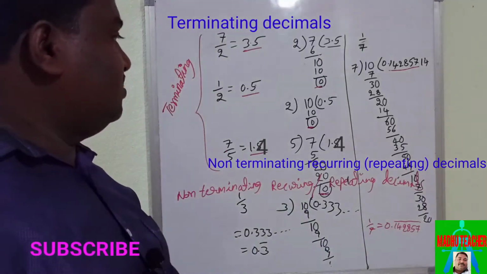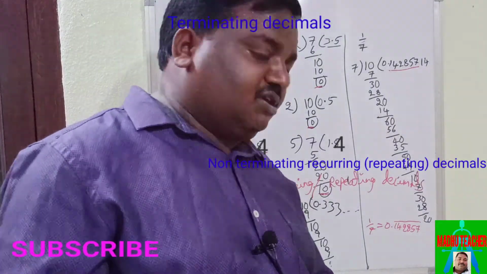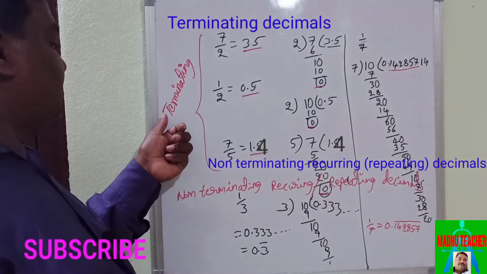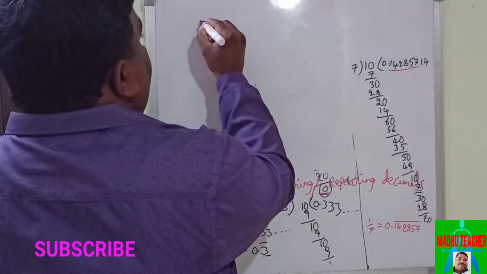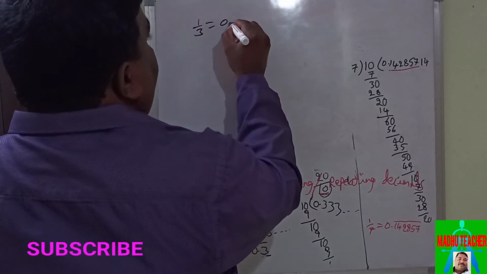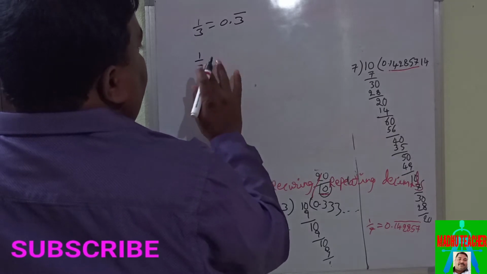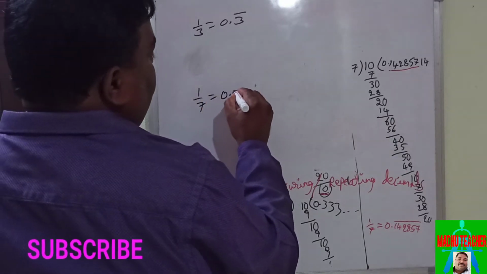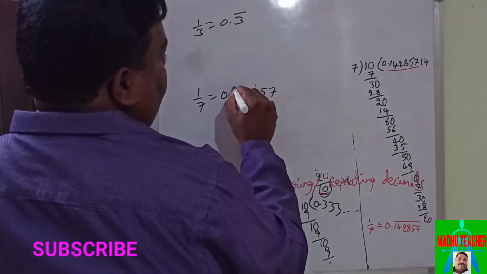Okay, so like this you can find the decimal form of any rational number. In decimal form we have terminating decimals and non-terminating or recurring decimals. So 1 by 3 equal to, we got 0.3 bar. And 1 by 7, we got 0.142857 bar.